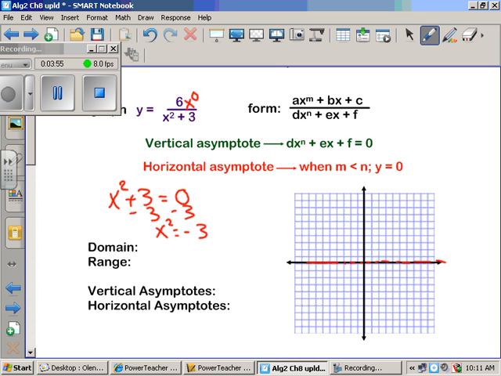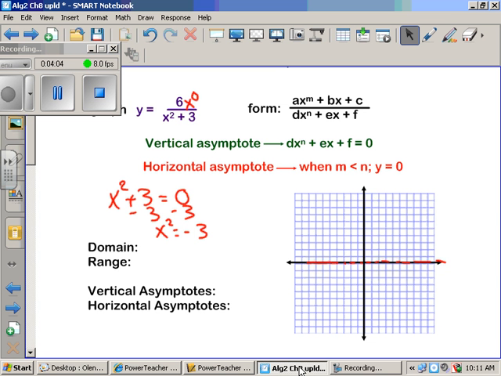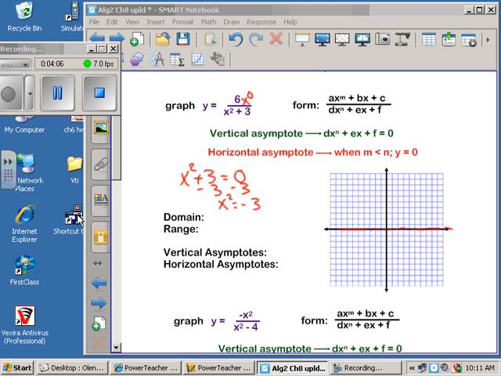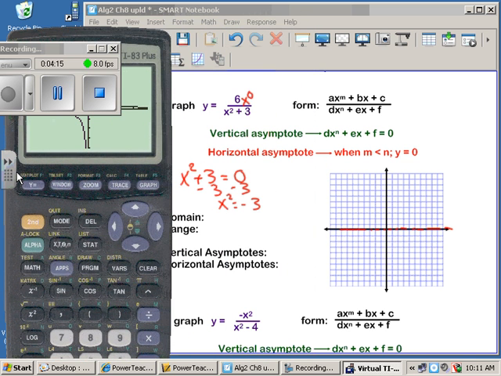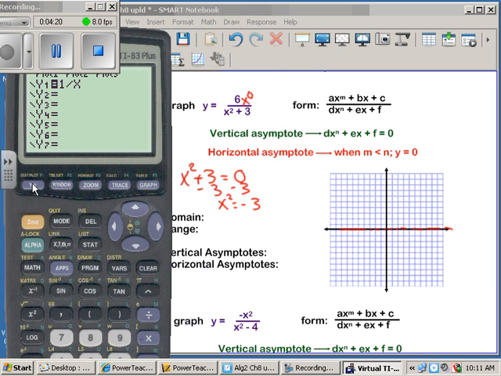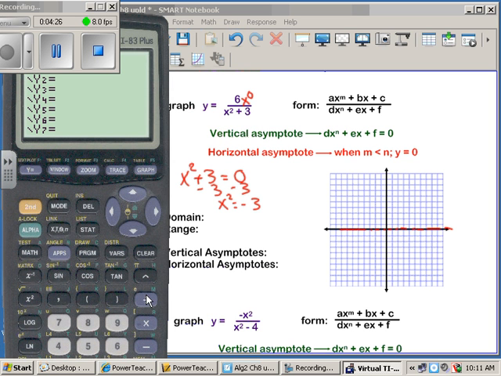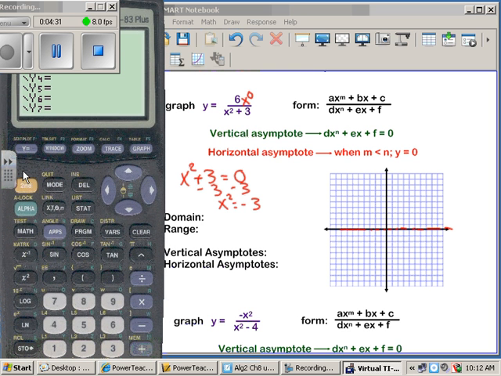Now, I'm going to plug this in my calculator. 6 divided by x squared plus 3, close parenthesis.